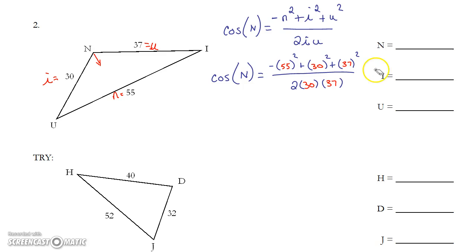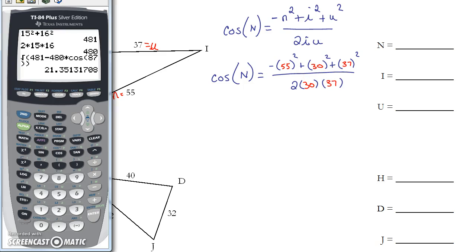In this situation, what I would recommend doing is simplify your numerator, then simplify your denominator in your calculator. So I'll clear all of this out. Type this in exactly as you see it with the parentheses. Negative parentheses 55. Oop, didn't get my parentheses. Close the parentheses squared. Plus parentheses 30. Close the parentheses squared. Plus parentheses 37.